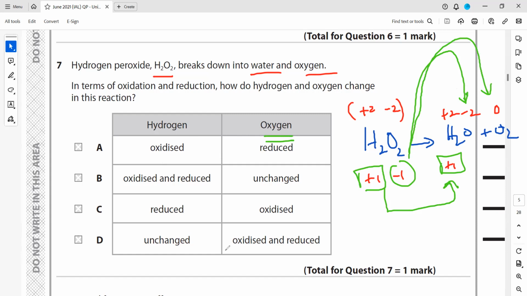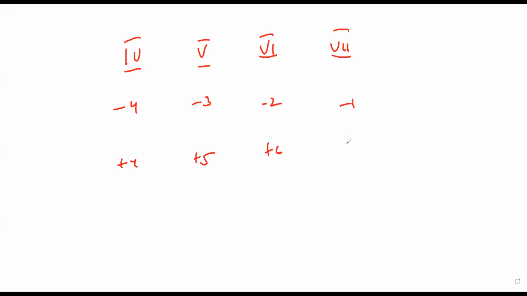Look at the possible oxidation numbers when we talk about groups, especially for the non-metals. For example, group 4 can have from -4 to +4. Group 5 can have from -3 to +5. Group 6 can have from -2 to +6. Group 7 can have -1 to +7.